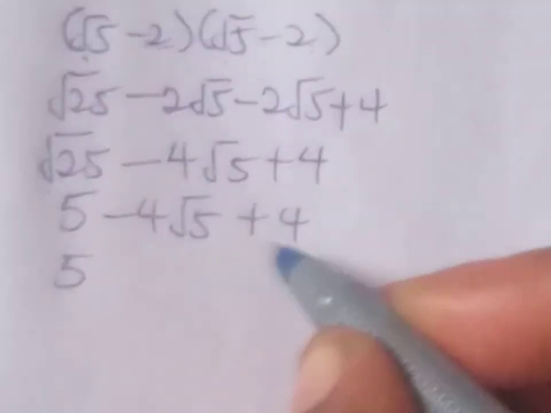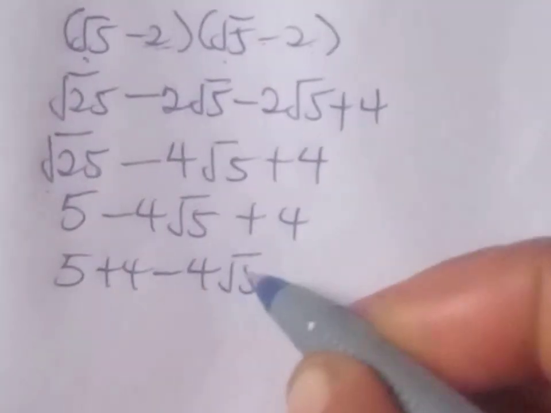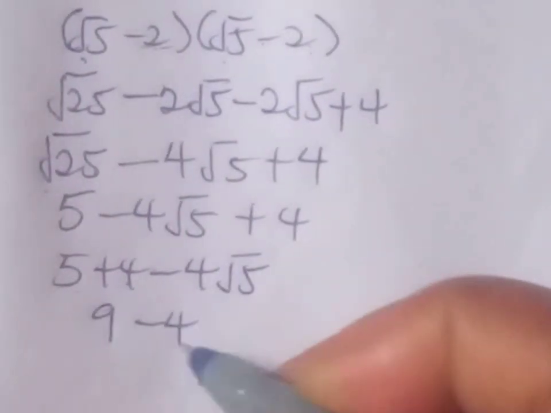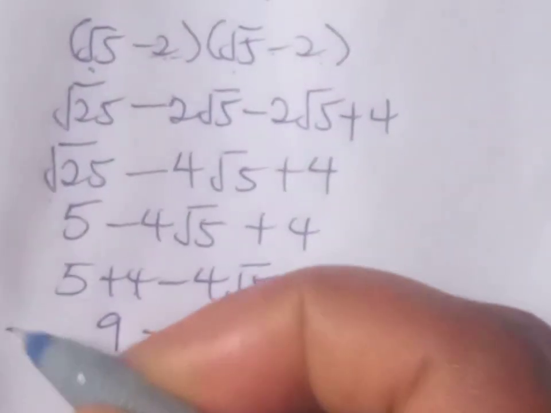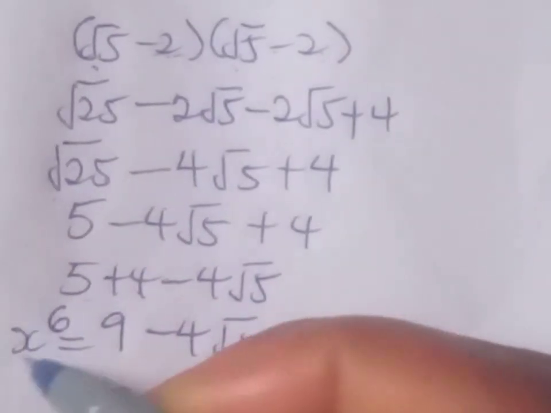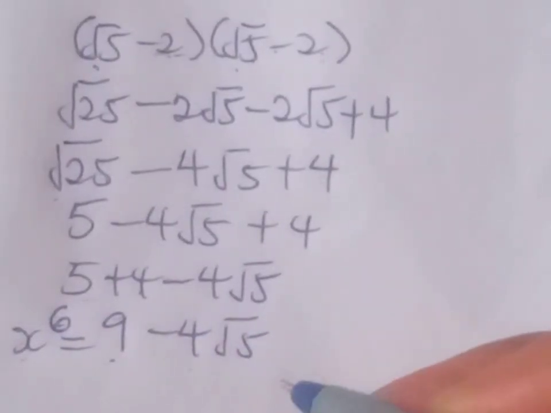So we have 5 plus 4 minus 4 root 5. 5 plus 4 is 9. So we have 9 minus 4 root 5. This is our x raised to the power of 6. So our x raised to the power of 6 is 9 minus 4 root 5.